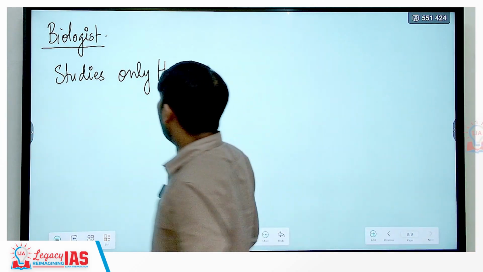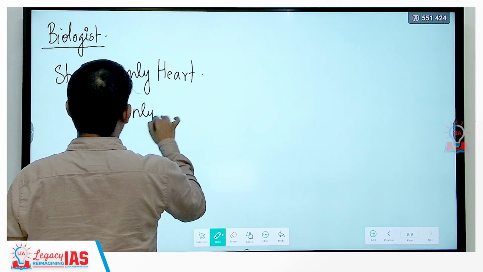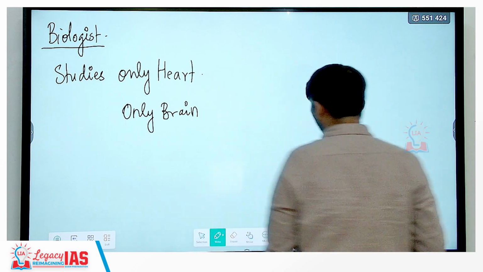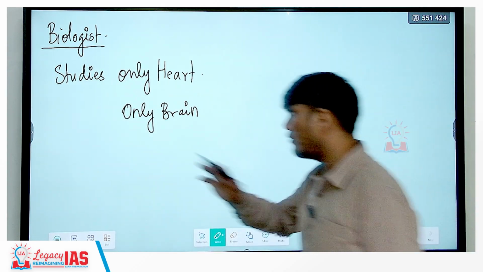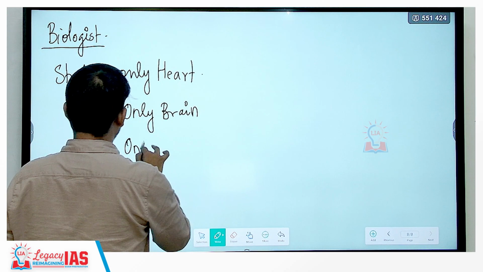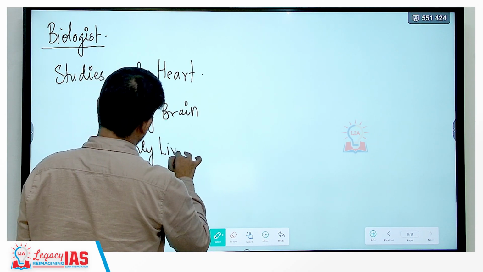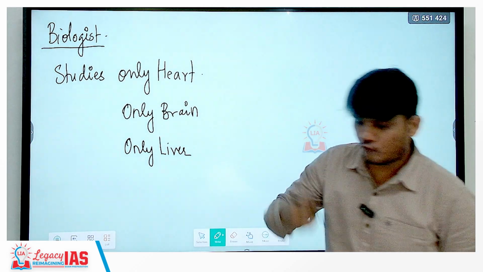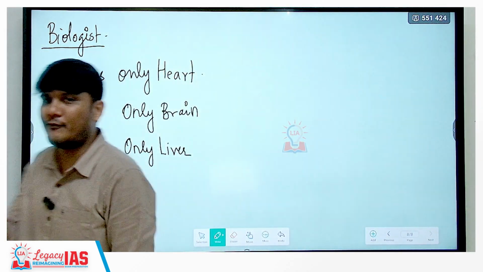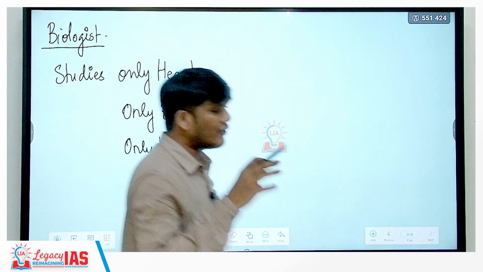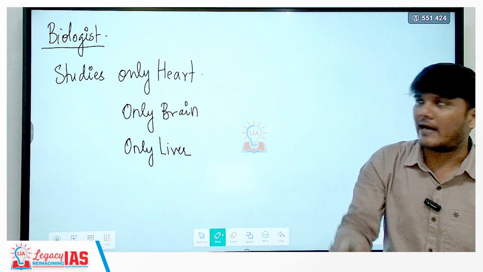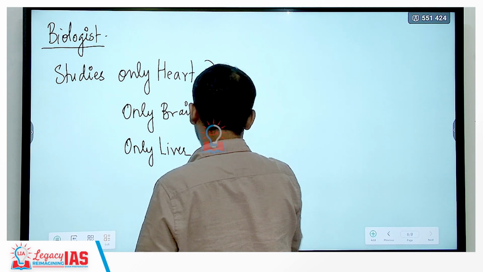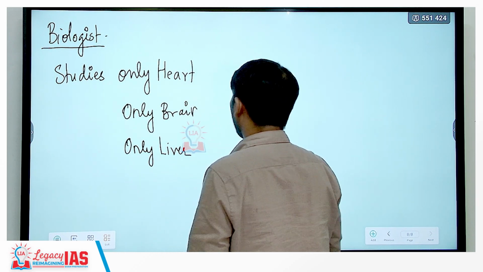No. If the biologist studies only the brain, will the biologist be able to understand why the entire body is surviving? No. If the biologist studies only the liver, for example, only skin, only bones, only eyes, only hands, only fingers, only nails, the biologist will not be able to understand how the entire body is surviving. Okay.